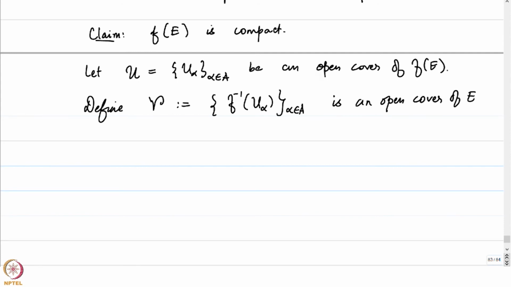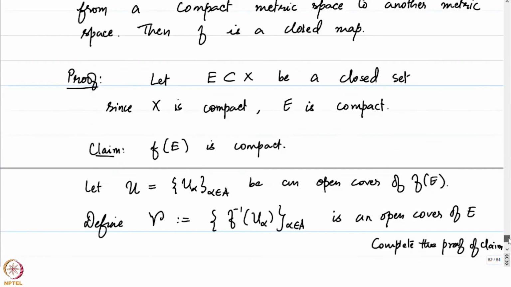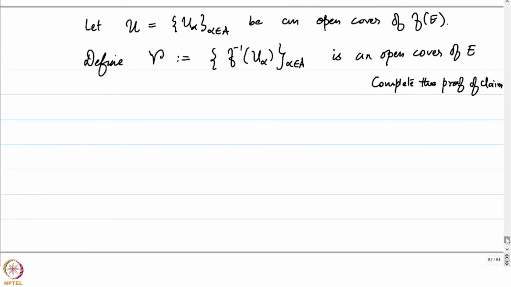There exist finitely many elements in the cover whose union will contain E, and the corresponding U alpha i's will have the same property. So I'll just leave it as an exercise to complete the proof of the claim from here. After this observation, it's quite straightforward to see that there will be a finite subcover of U as well. So the image of a compact set will always be a compact set.